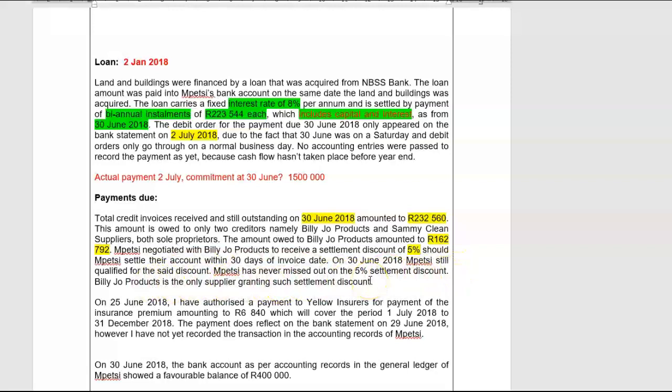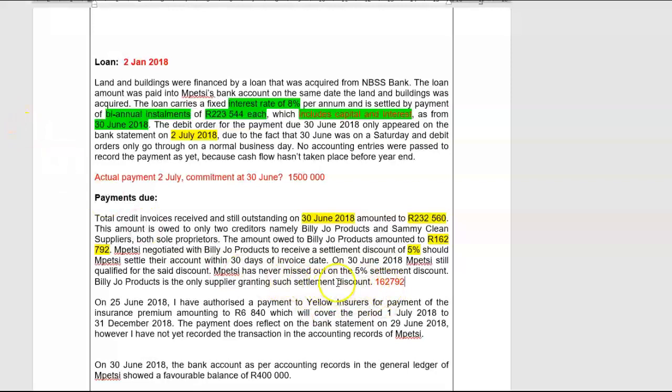Now, guys, our total outstanding creditors is still going to be 232,560. But this long sing-song and dance is all about what the allowance for settlement discount on creditors was supposed to be. They say it's only applicable on Billy Joe, and Billy Joe has got an outstanding balance of 162,792. What is the 162,792?